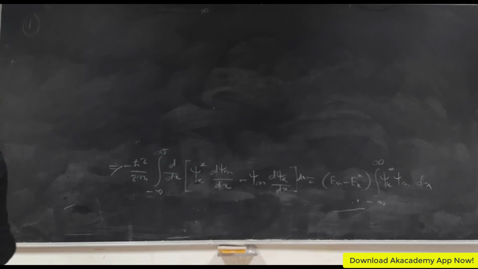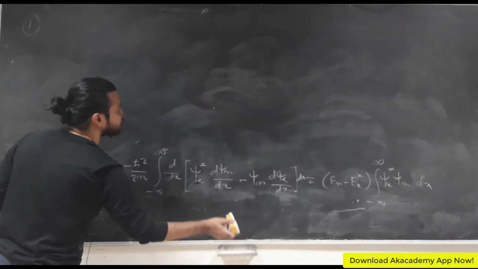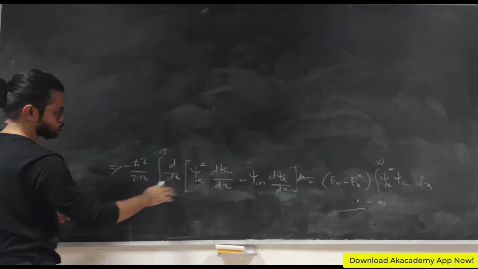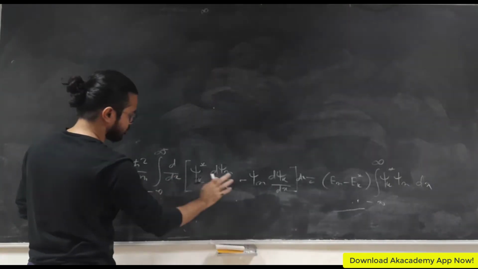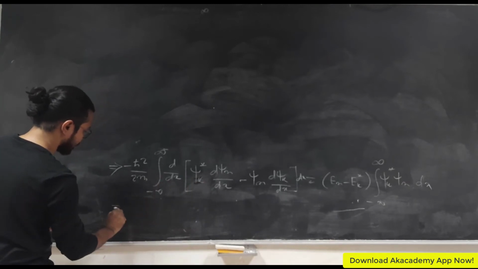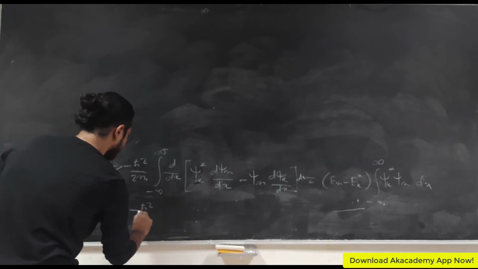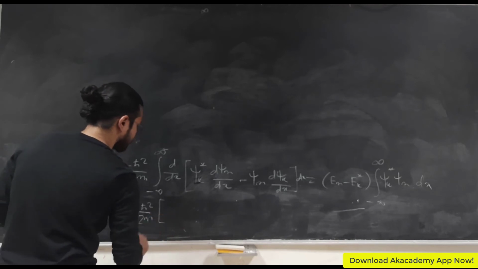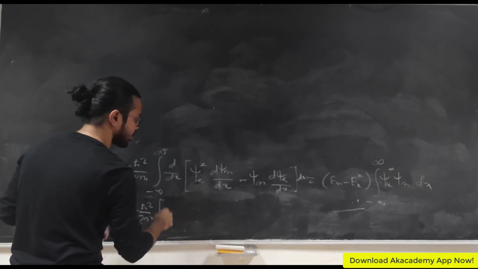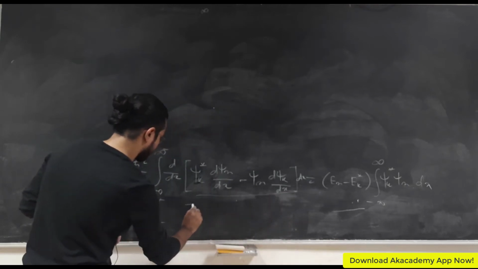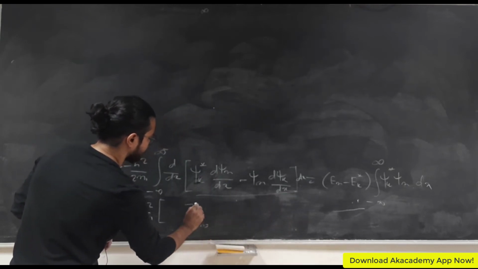Okay, we have this equation, and from the left hand side, what we can get is minus h bar squared over 2m, and this quantity is just a derivative, so we'll have this quantity over here from minus infinity to plus infinity.